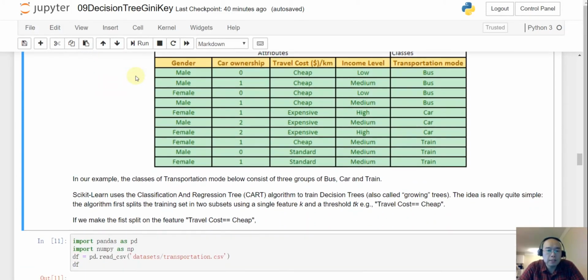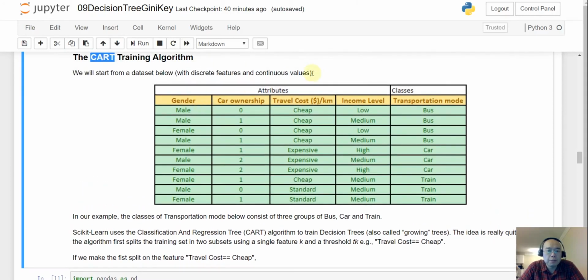For example, if we use this dataset, we have the gender, how many cars this person owns, the travel cost per kilometer, and the income level, and then this is the class we want to decide: how each person goes to work. They can go by bus, using their cars, or taking the train.